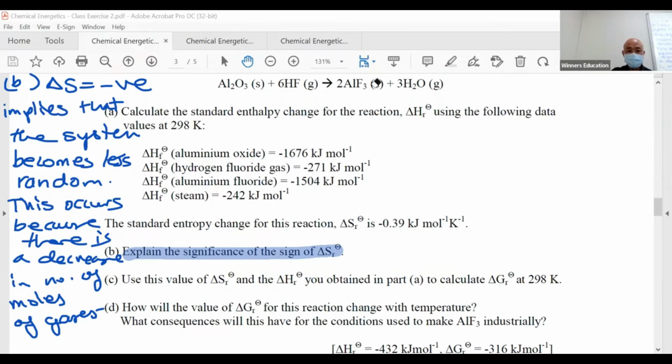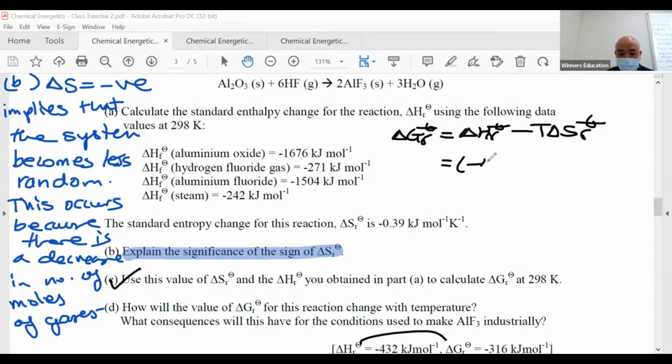And part C, as mentioned, is quite typical. They want you to calculate delta G. So delta G reaction theta equals delta H reaction theta, right, minus T delta S reaction theta. You have all the values. All you need is to be careful of your units. Delta H you calculated was here, minus 432. Both of them are kilojoules, right?